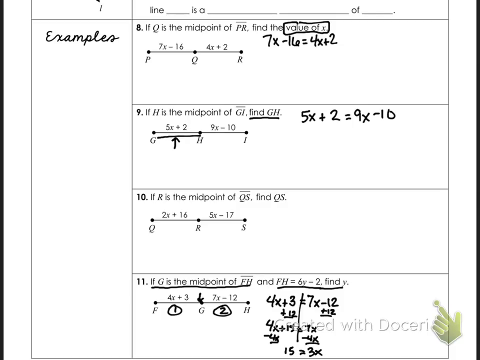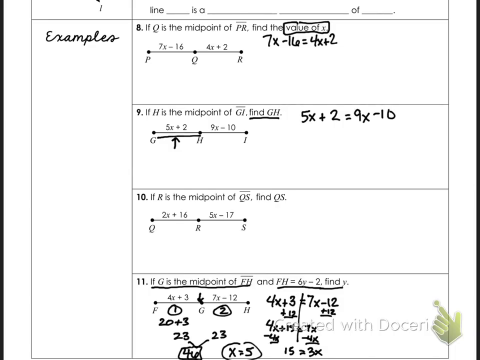And that you get x equals 5. Okay? So if I know x equals 5, I can plug it in. All right, so 4 times 5 is 20 plus 3, so that's 23, which means the other piece is 23. All right, and so the whole thing is going to give me 46 total.